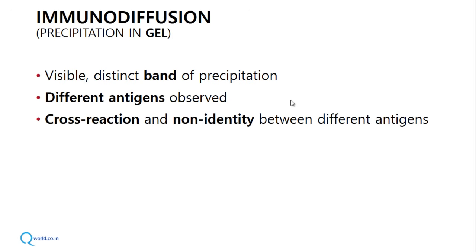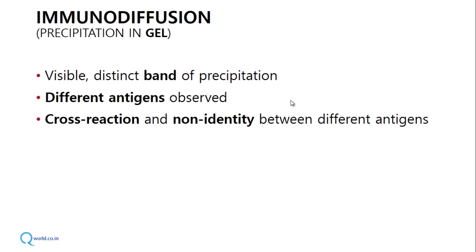Now, precipitation in gel, which is known as immunodiffusion. Why we needed that? Because it creates a visible and distinct band of precipitation instead of floccules, so it can be preserved for a very longer period of time.